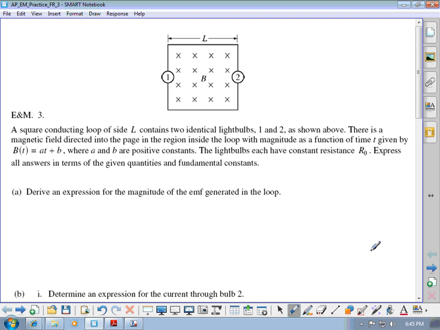So again, it's asking for the magnitude of the EMF. The magnitude of the EMF is the magnitude of the derivative of the magnetic flux with respect to time. Again, magnetic flux is magnetic field times area.